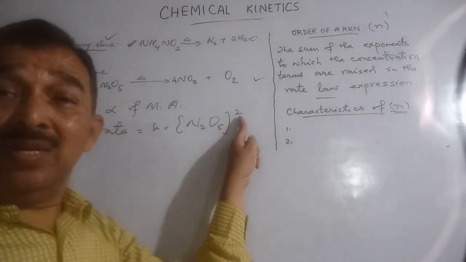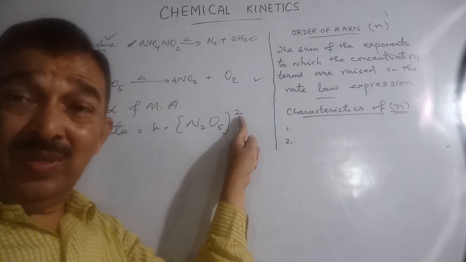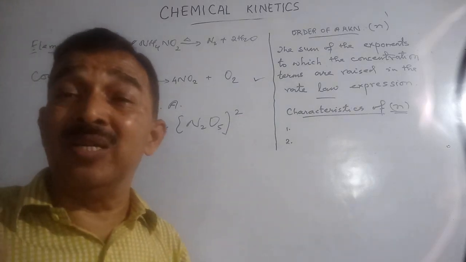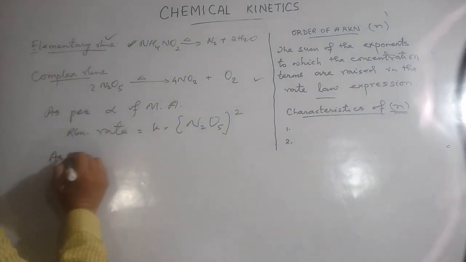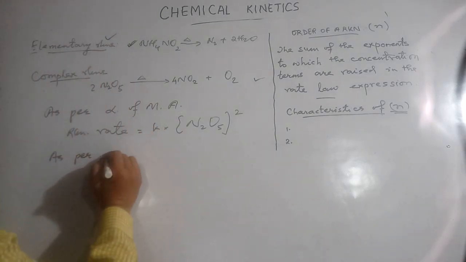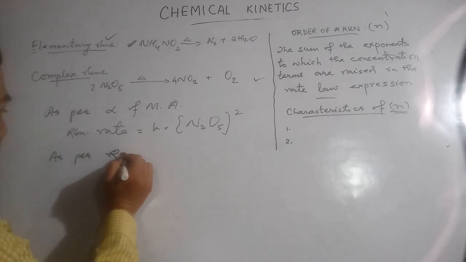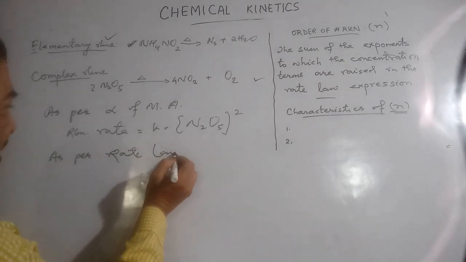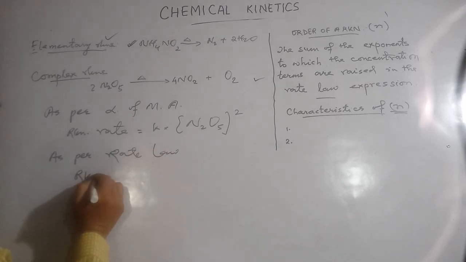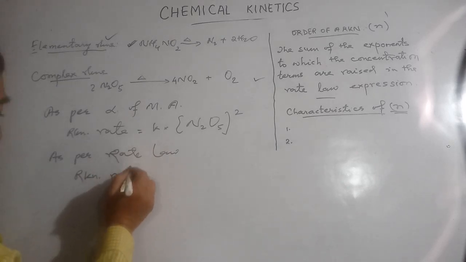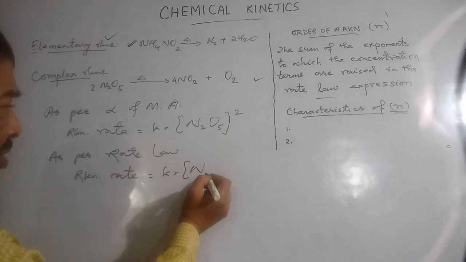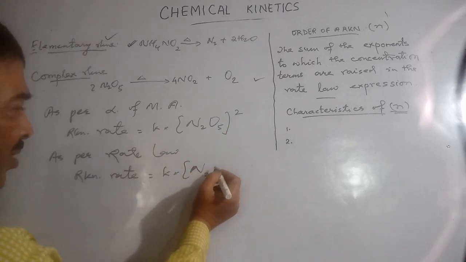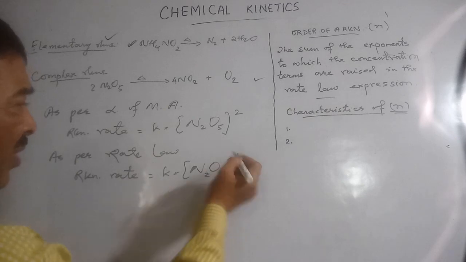Here we see that the power is 2, but experimentally it is observed that as per the rate law, the reaction rate is equal to K into the molar concentration of N2O5 to the power 1.